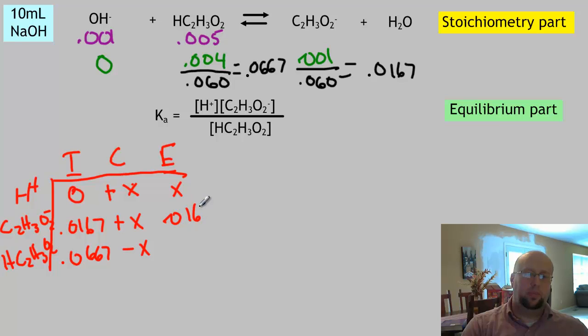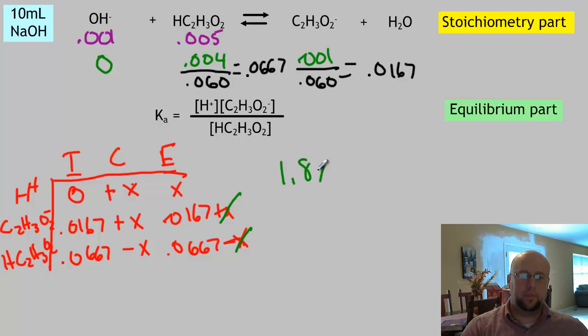Now, we could go and plug all of these into our equilibrium expression, but in the interest of time, I'm going to do what we all know is going to end up happening here anyway. Since I'm still working with that same Ka of 1.8 times 10 to the negative fifth, I can probably assume these away. And so I'm going to go ahead and do that when I set up the math here.